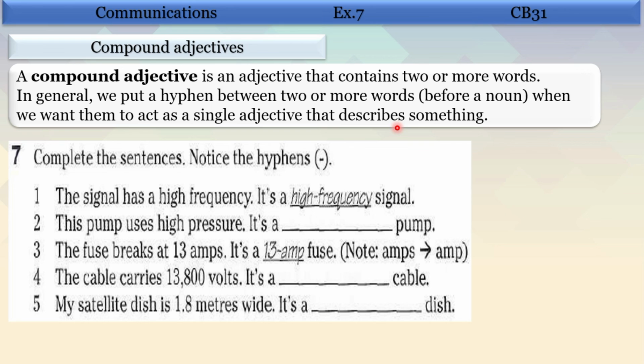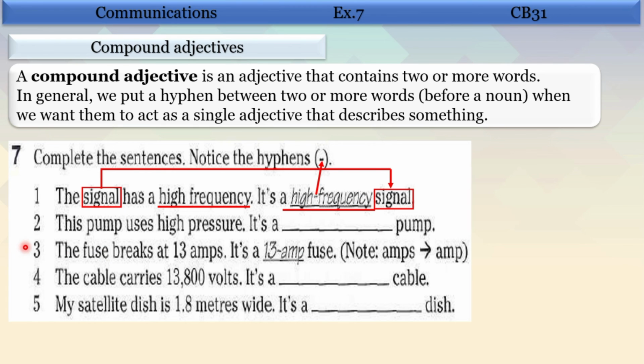Good. Let's take a look at the first one here. We have these two words, high frequency, which are combined to form high-frequency with a hyphen between them. This adjective describes the noun signal, and the noun signal comes after the compound adjective.